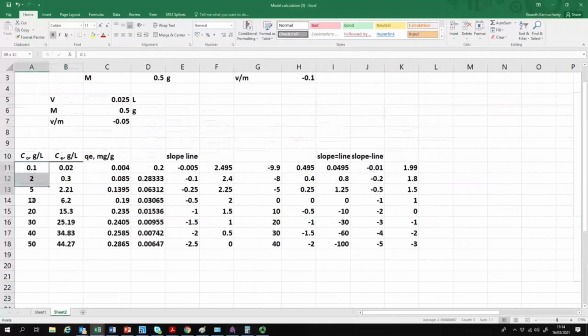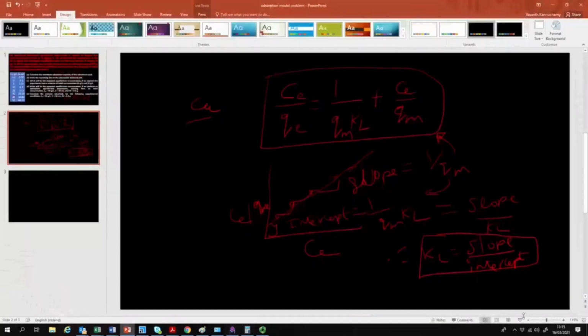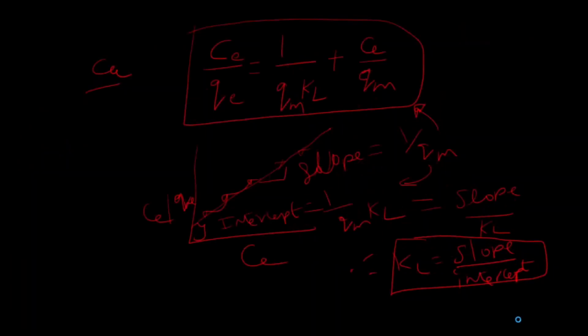I already copy pasted our initial concentration here, and then the equilibrium concentration here. So all we need to use is this formula for QE. QE is C0 minus CE multiplied by V divided by M.